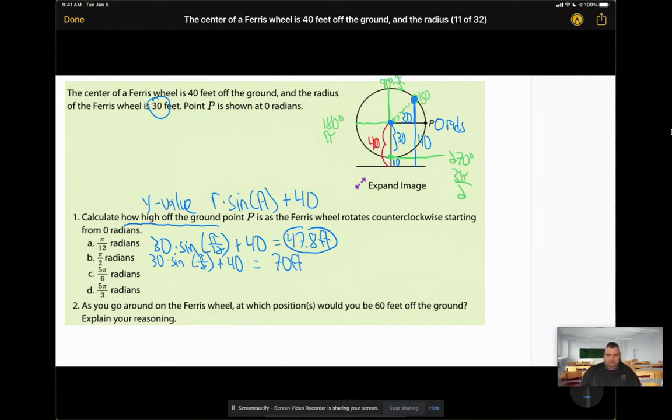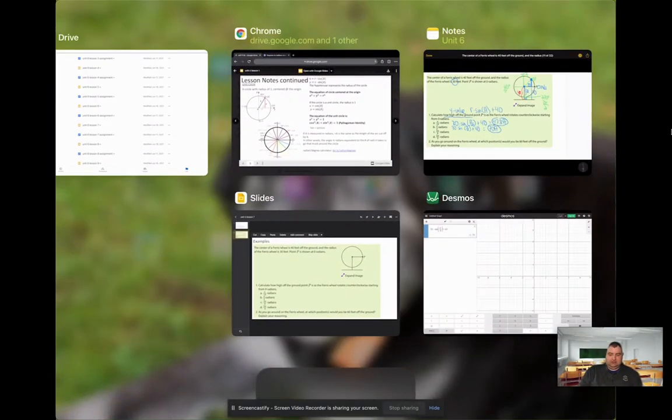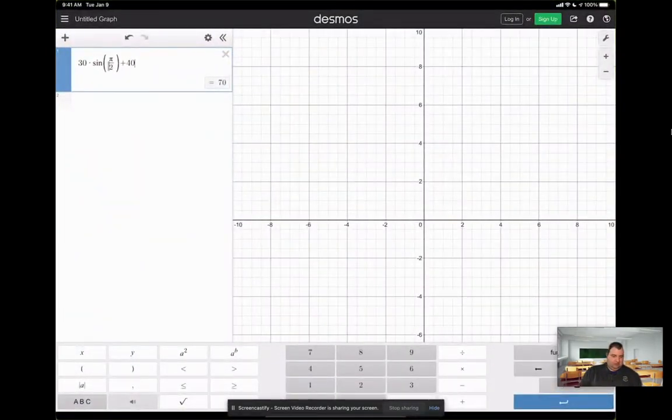Okay. Will be 70 feet. All right. And then for the next one, we're going to change the angle to 5 pi over 6. So 5 pi over 6.